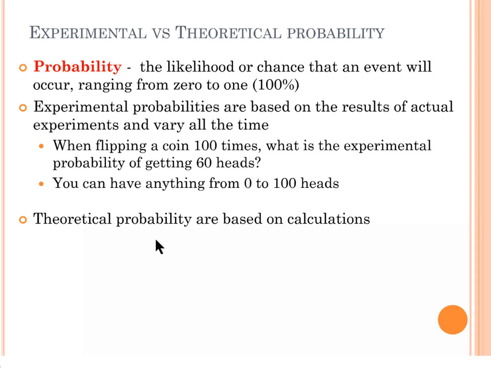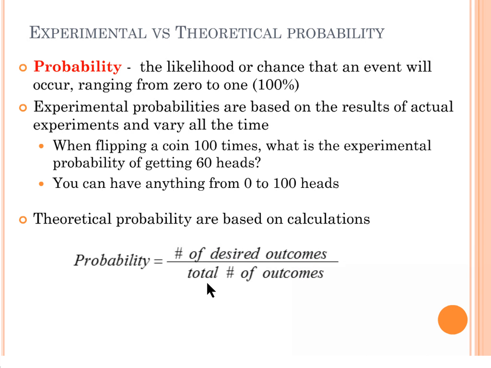Now, theoretical probability is based on calculations. So probability will simply be equal to the number of desired outcomes divided by the total number of outcomes. And for Math 12, we will do a lot of theoretical probability calculations.